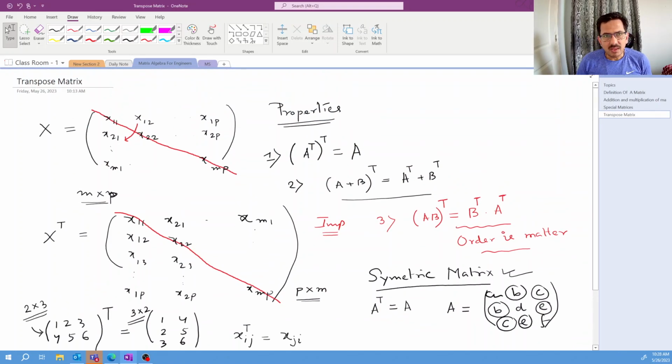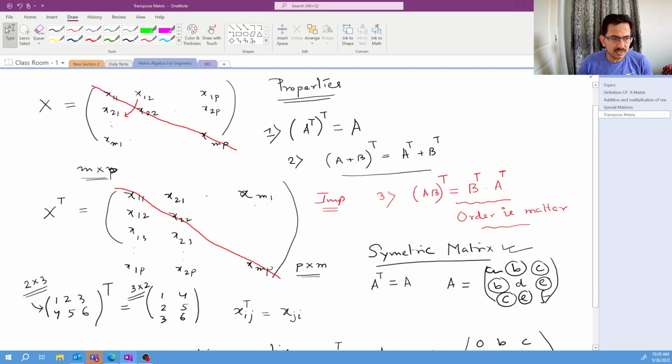Once again, let's quickly review. When you do a transpose, it converts an m by n matrix to an n by m matrix. So 2 by 3 is converted to 3 by 2, because the number of rows and columns changes. What are the important properties? Let me put it in red.